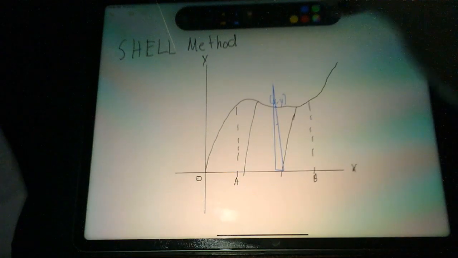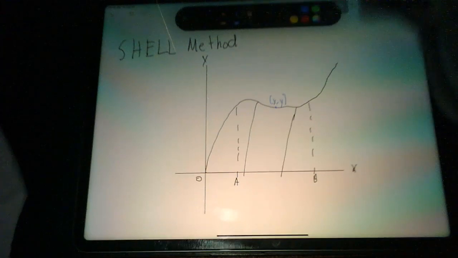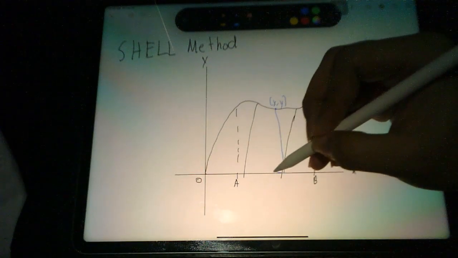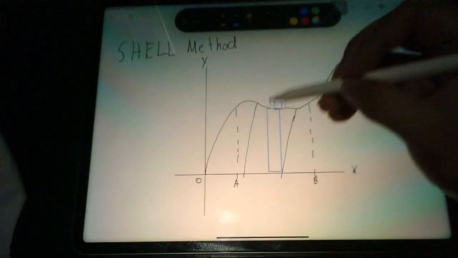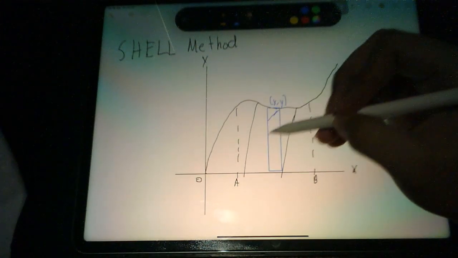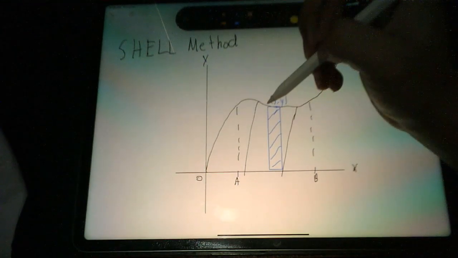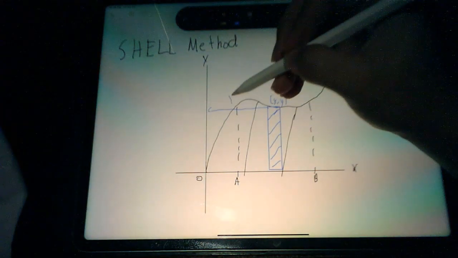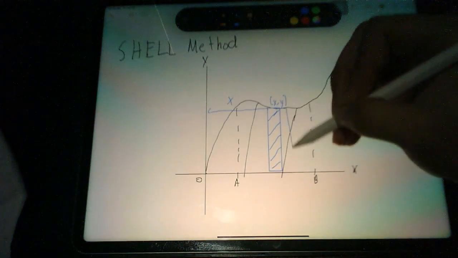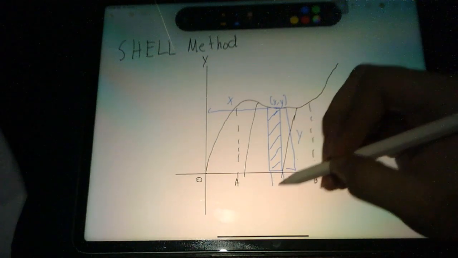This is not a rectangular strip. Let me try again. This is a rectangular strip. So this is our rectangular vertical strip. So from this point here to the origin, this is x. The height of this is just equals to y, and this is dx. The thickness is dx.